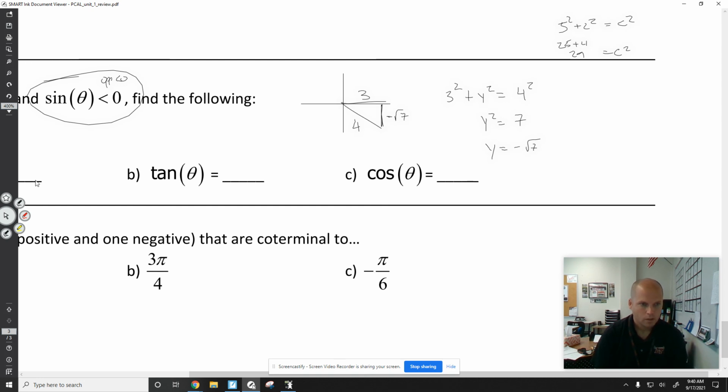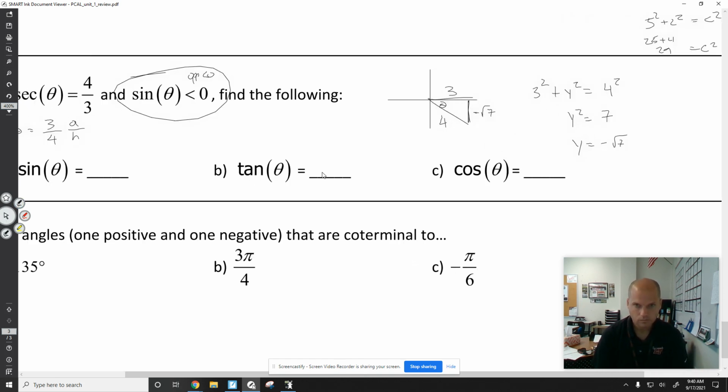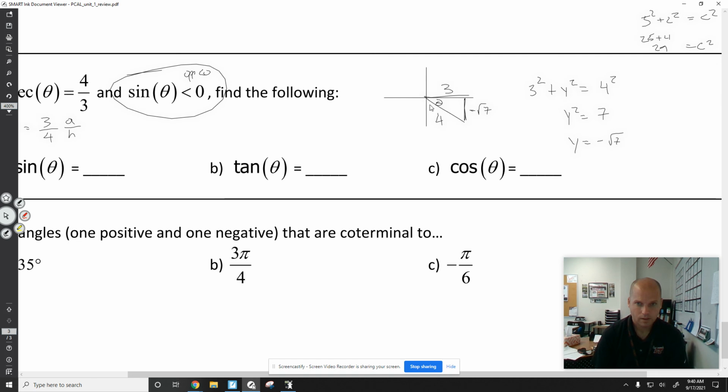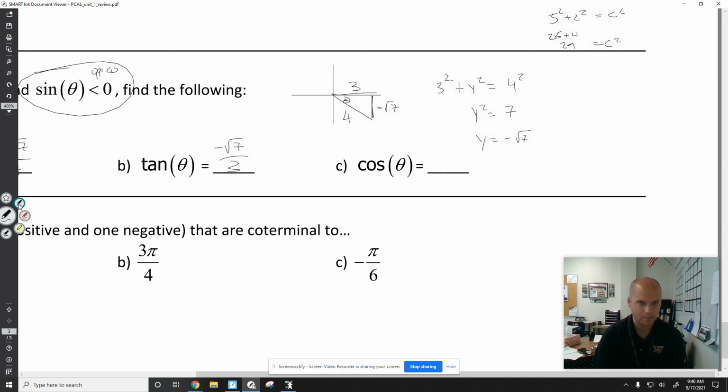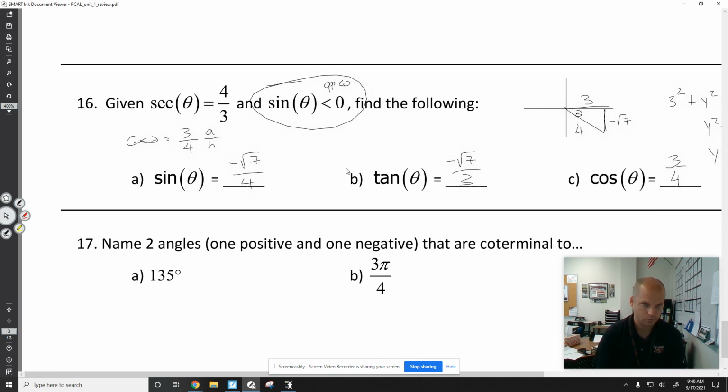All right. Reference angle is all we care about. Now we're ready to use our trig functions, SOHCAHTOA. Sine, opposite over hypotenuse. Hypotenuse is always considered positive. It's a distance from the origin. Tangent, opposite over adjacent. Cosine, adjacent over hypotenuse. It's the flip of secant, which we already told was 4/3.